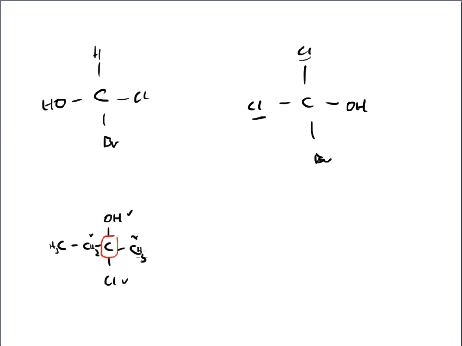Well, I didn't have to erase one. I could have added one, right? I could have added another carbon onto the chain. Now we have an ethyl and a propyl and a chloro and a hydroxy, or an OH group. 4 different groups, isn't it? Therefore, that carbon is now a chiral carbon.